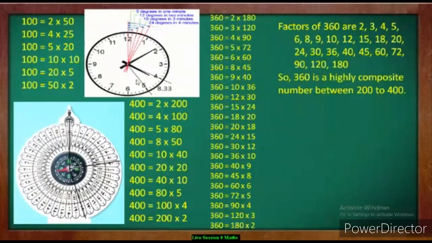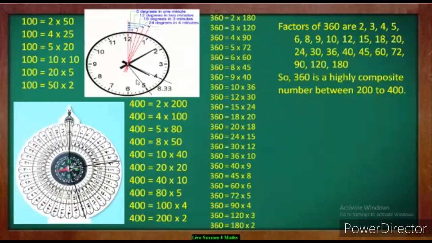Now my dear, there is a small story of how this 360 degree number which we are using for a complete circle, how we have got this number, where this number came from.